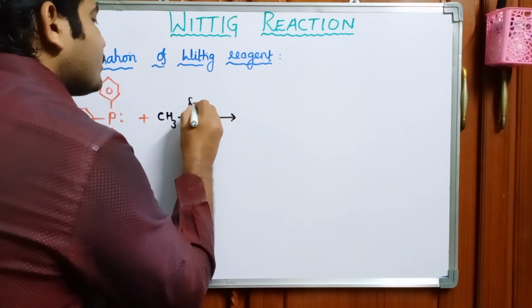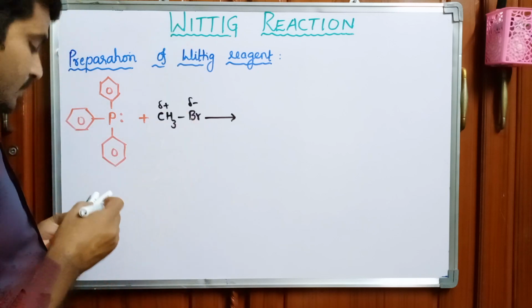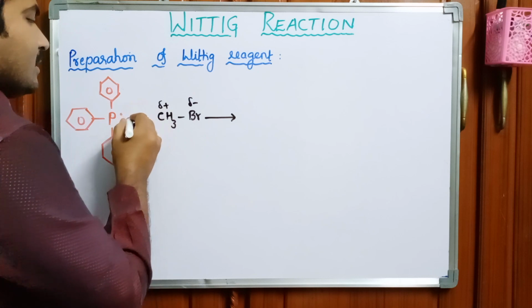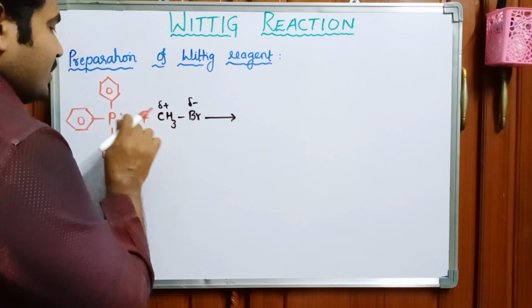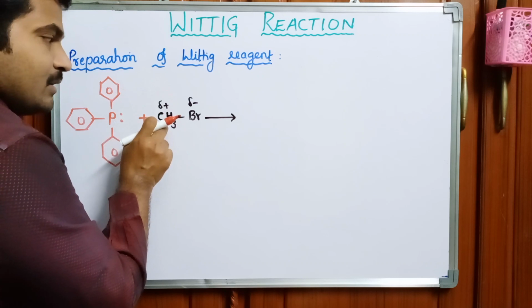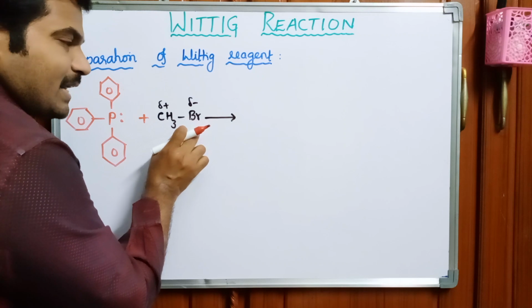Phosphorus is more electropositive. You have already studied the substitution reaction. It acts as a nucleophile and attacks the electrophile. Generally, alkyl halides undergo what type of substitutions?